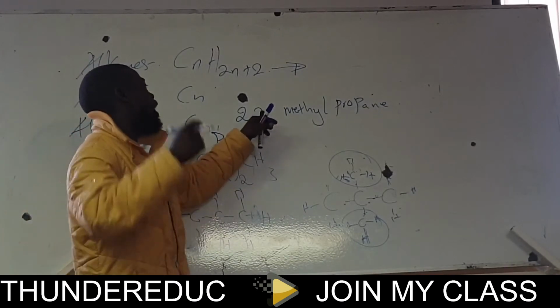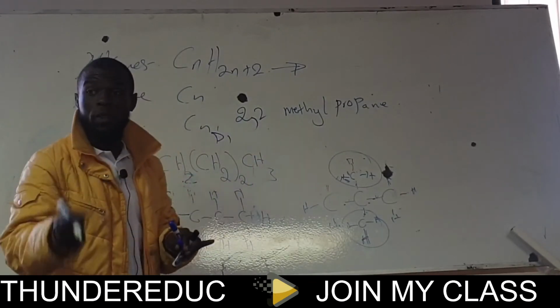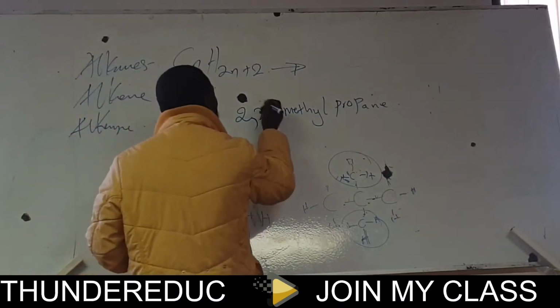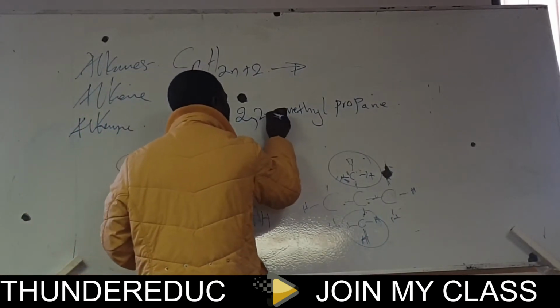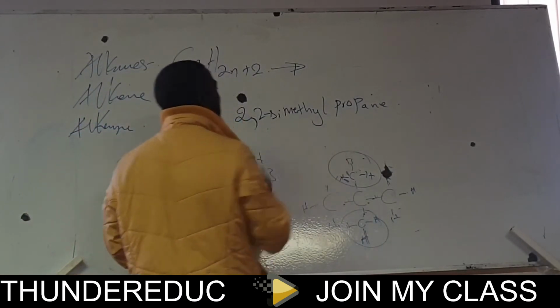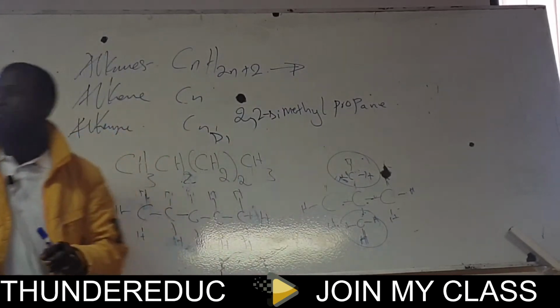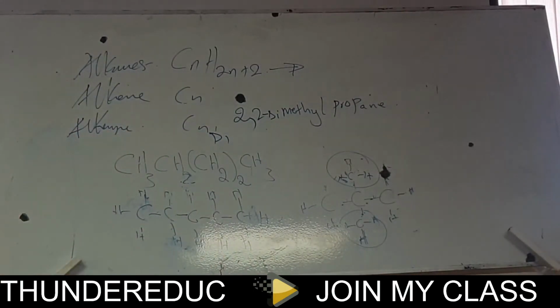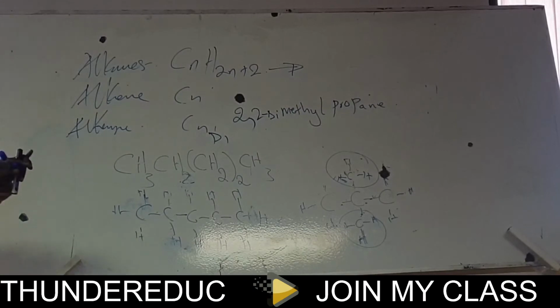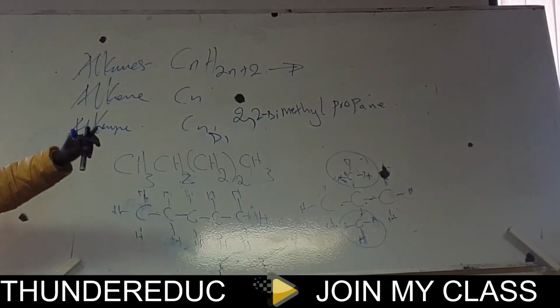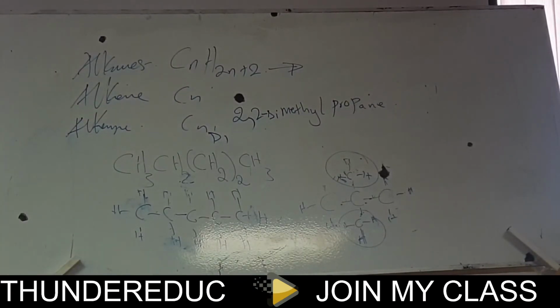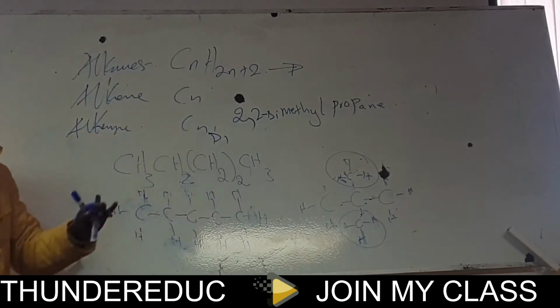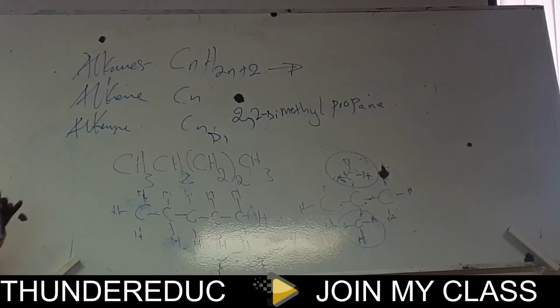And a figure and a letter, we separate with a dash. So it's going to become 2,2-dimethylpropane. Is it clear? So now they can bring this name and ask you to draw the structure.